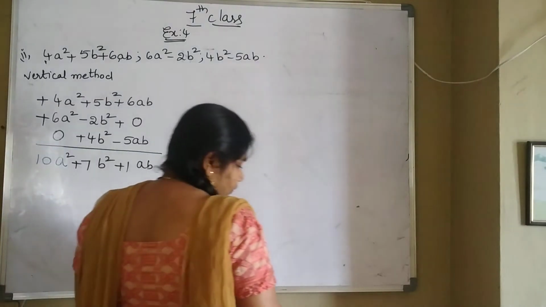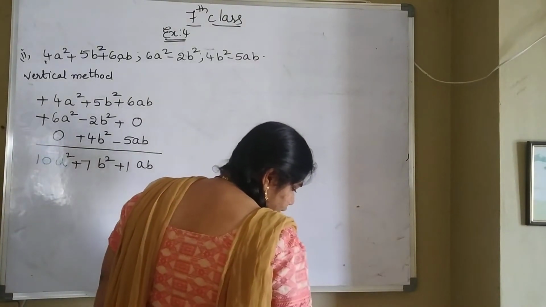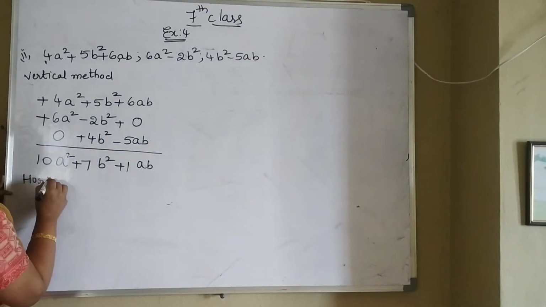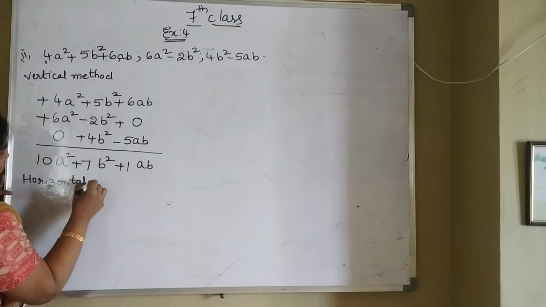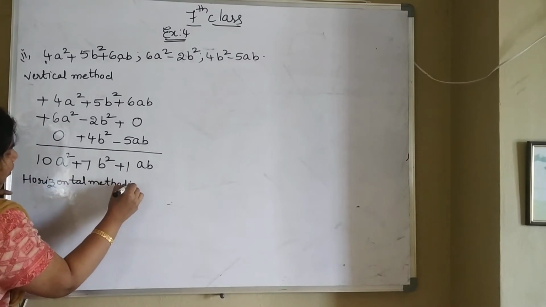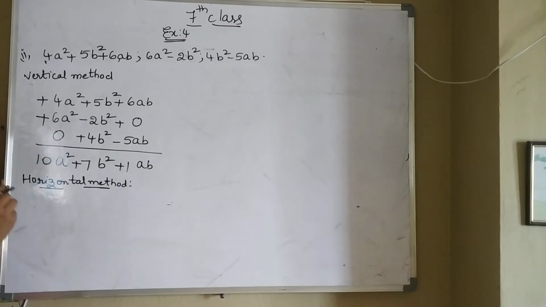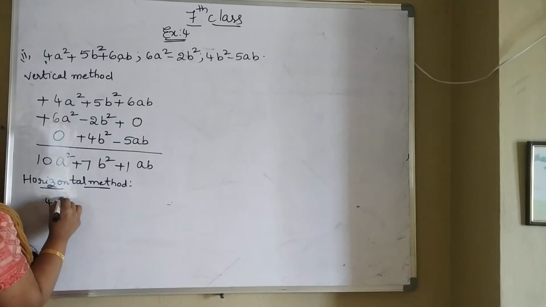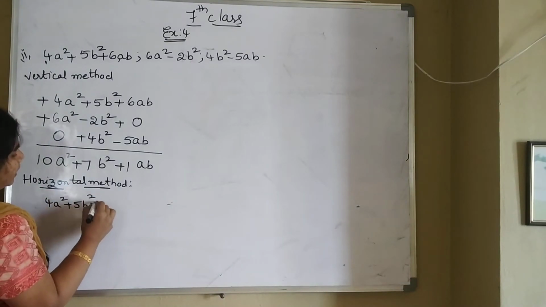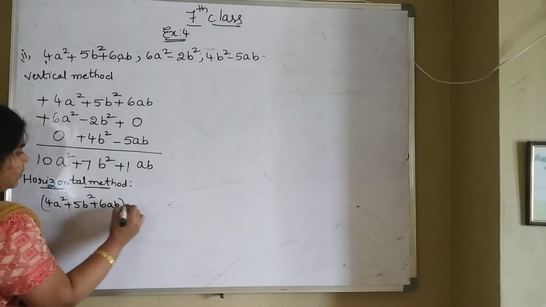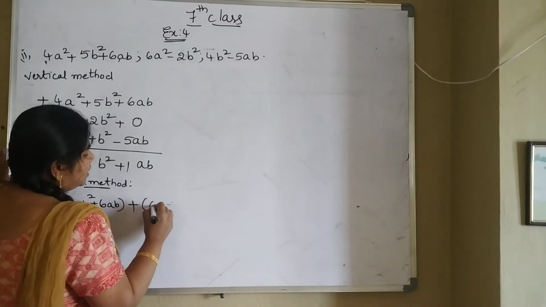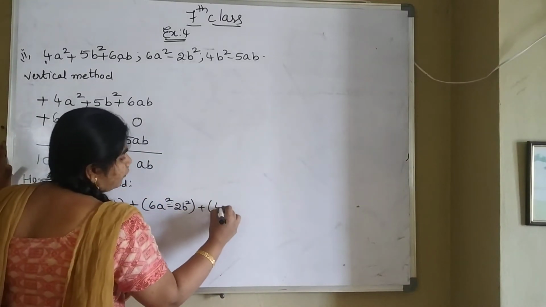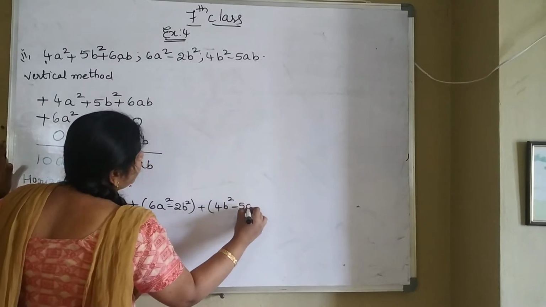Now that we have solved in the vertical method, next is the horizontal method. We have to check whether you will get the same answer or not. Between all the expressions you have to put a plus. So 4a square plus 5b square plus 6ab, plus the next expression 6a square minus 2b square, plus the third expression 4b square minus 5ab.